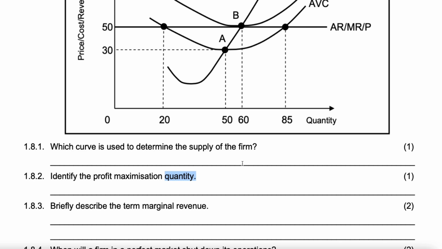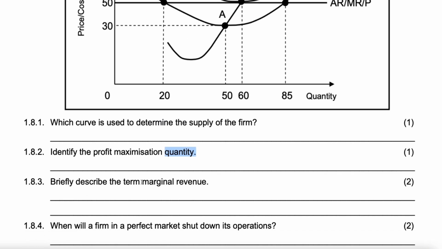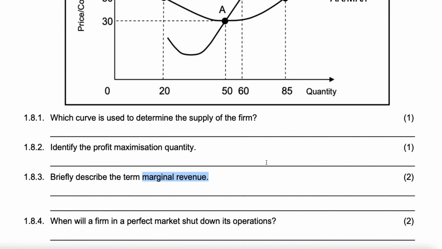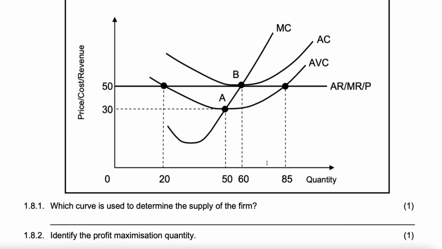Then number 3, briefly describe the term marginal revenue. Well, I'll flip it to marginal cost after describing marginal revenue. Marginal revenue is the income you earn for selling 1 additional unit, and marginal cost is the cost incurred for producing 1 additional unit. Then, when will a firm in a perfect market shut down its operations?